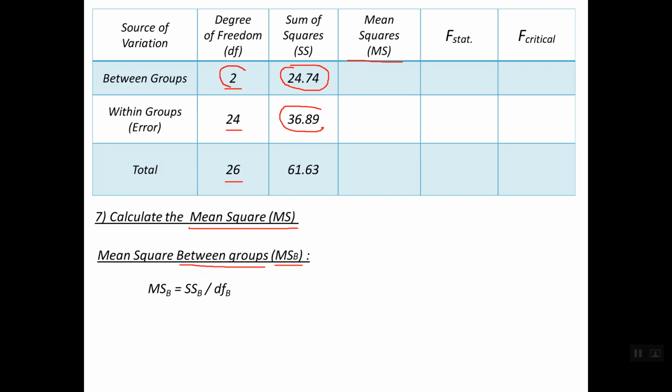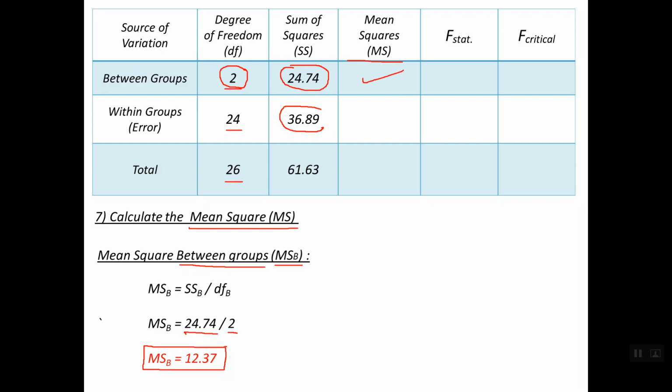So if we substitute, SS between is 24.74, and the degree of freedom is 2. So the final calculation for the mean square between groups is 12.37.